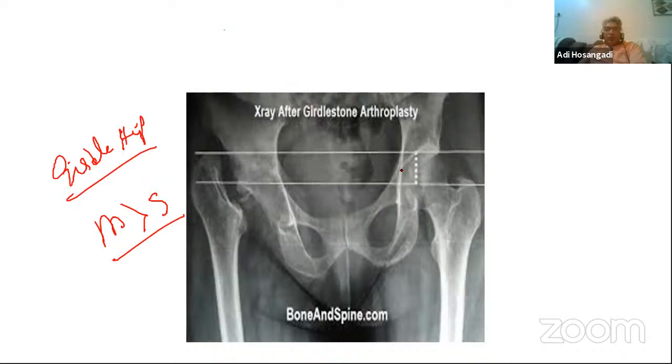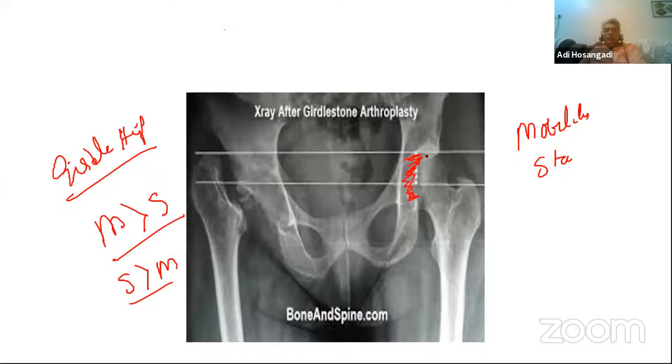So when we want both mobility and stability, what is the treatment which offers stability more than mobility? It is arthrodesis. We will fuse the joint surgically.